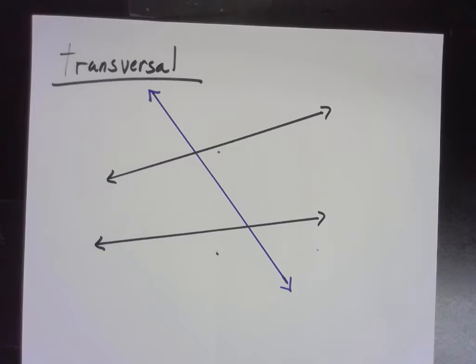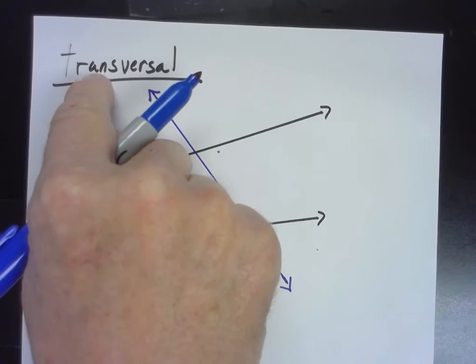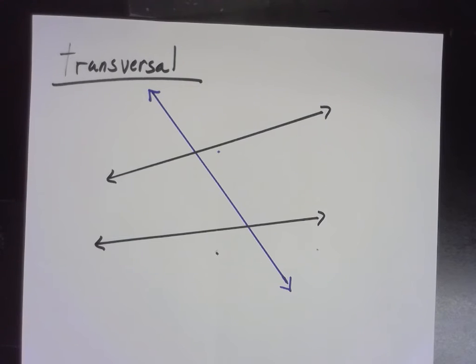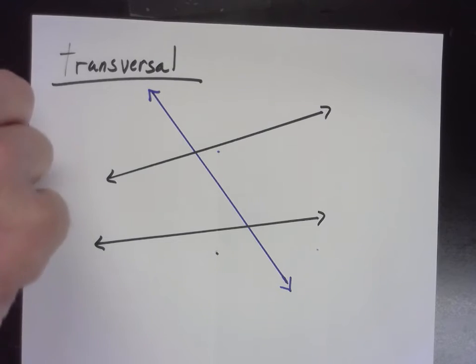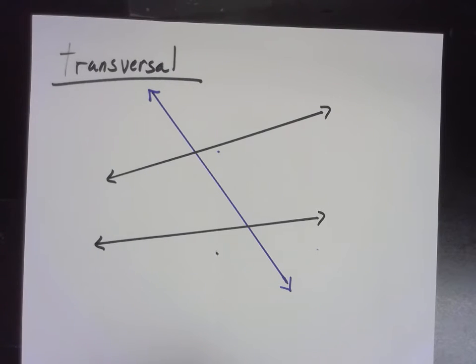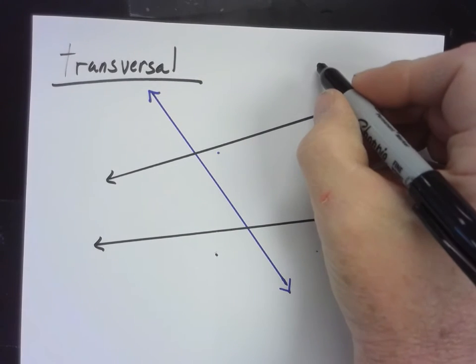That's the transversal. Notice it's pointing at its name. So we have to know what a transversal is. That's our first word. Then we have to know corresponding angles.